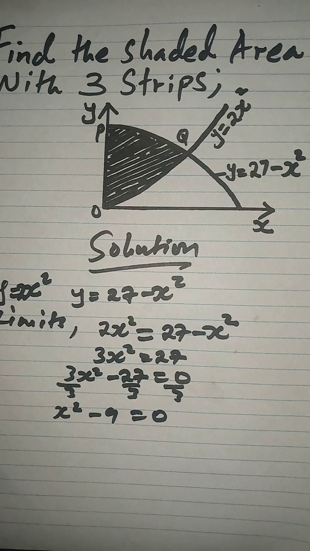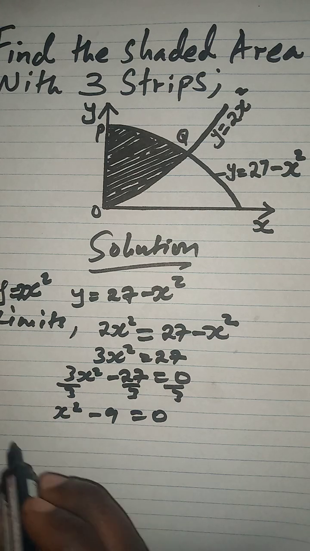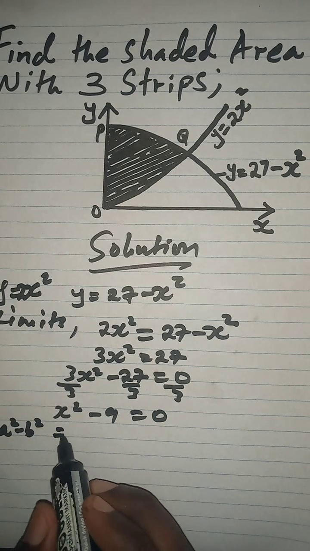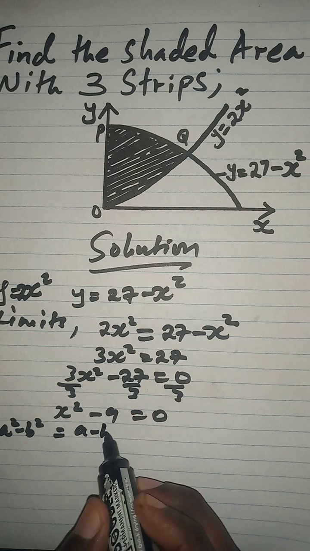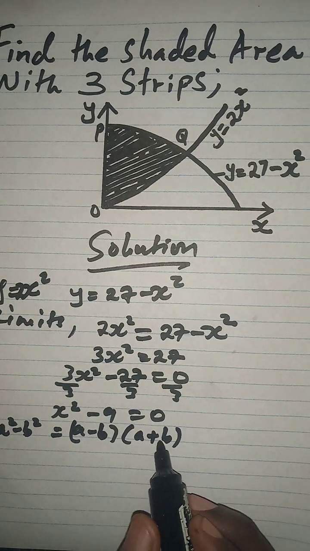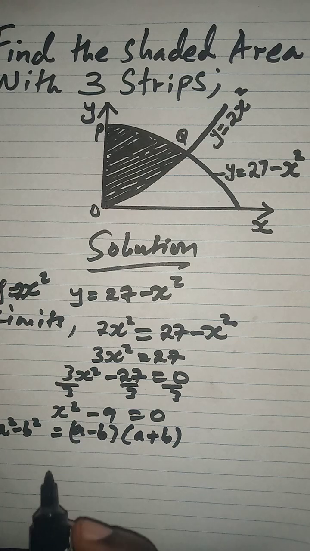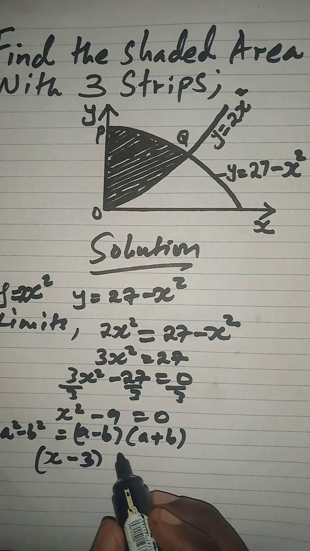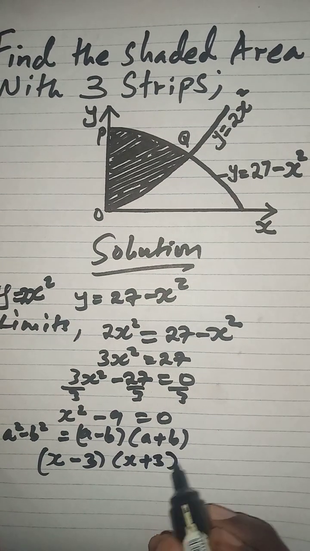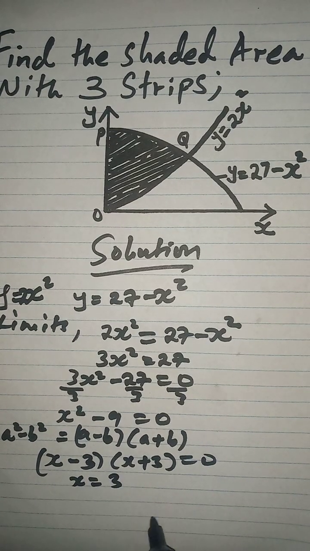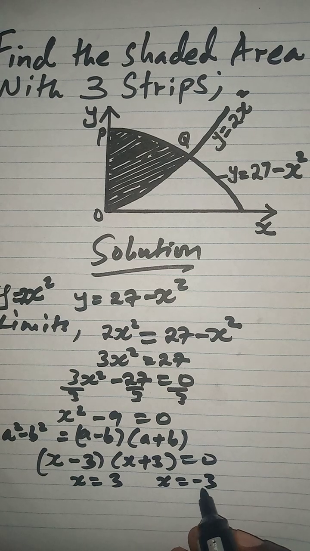Of course, that is a quadratic equation. I expect two solutions, and recall that this is in the form a squared minus b squared, meaning I'm going to get my answer in the form (a minus b)(a plus b). Applying this rule, x minus 3, x plus 3 equals 0, which gives x equals positive 3 and x equals negative 3.